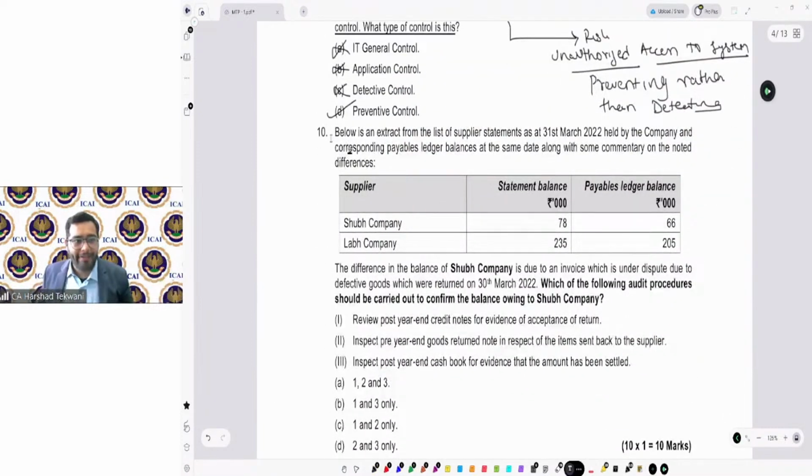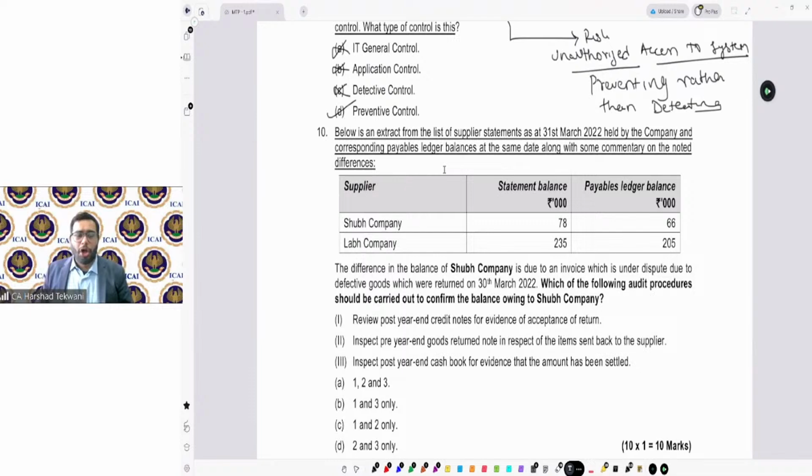Below is an extract from the list of supplier statements as on 31st March 2022, held by the company, and corresponding payables ledger balances at the same date, along with some commentary on the noted differences. Ship company: statement balance 78,000, payables ledger balance 66,000.